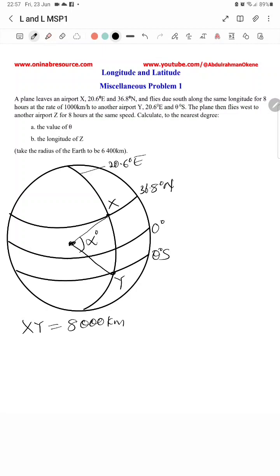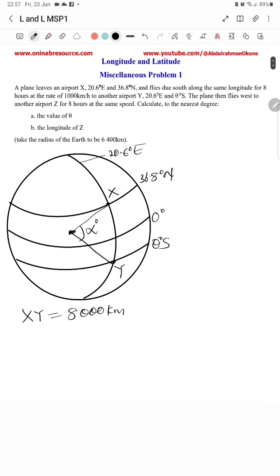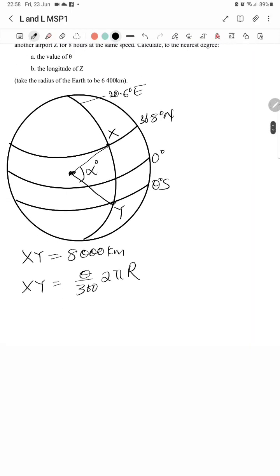Since this is along a longitude, it is along a great circle. So XY is alpha over 360 times 2 pi r, where r is the radius of the earth.